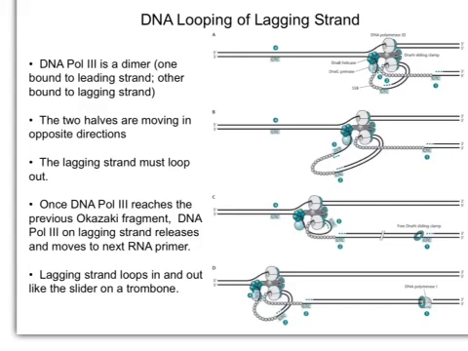So at this point, the DNA right here has looped out. So it's this looping out that then allows the DNA to continue to be made discontinuously on the lagging strand. And then as DNA polymerase reaches this Okazaki fragment, it releases that DNA, so it lets go, and then it reassembles onto the third Okazaki fragment shown right here.